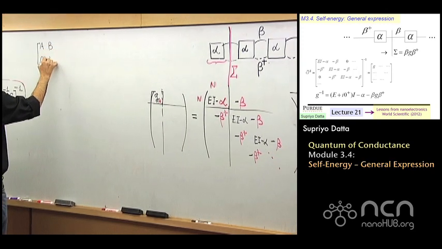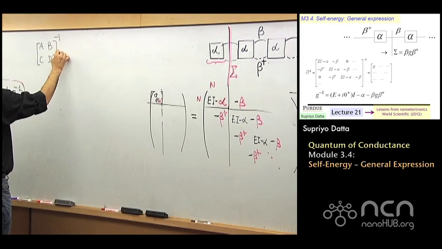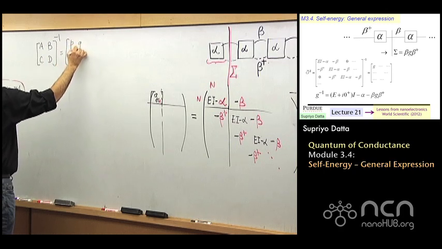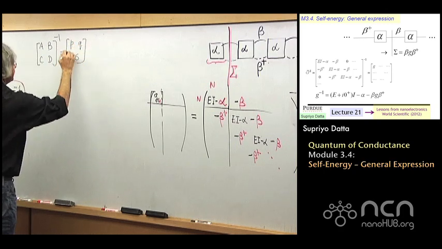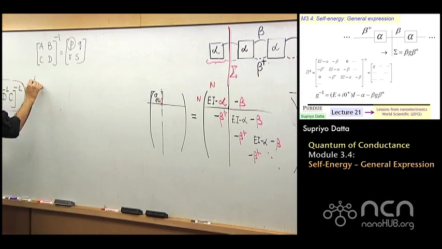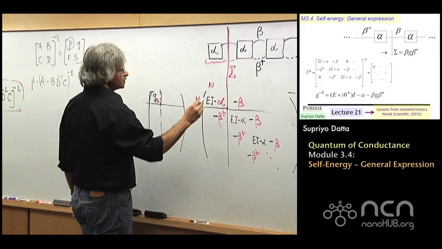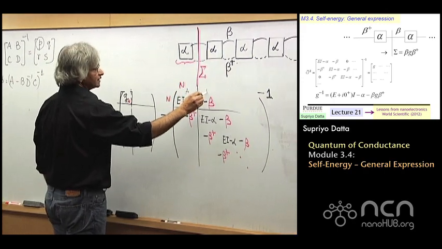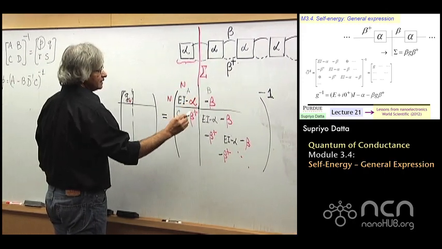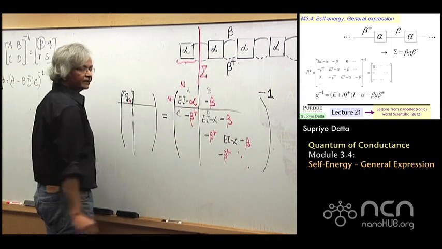A, B, C, D inverse is equal to P, Q, R, and S. And I just want to write P, which is equal to A minus B D inverse C, inverse. So here, the way I'm thinking is, going back to this, this is sort of like my A, that's the B, that's the C, and that's the D.